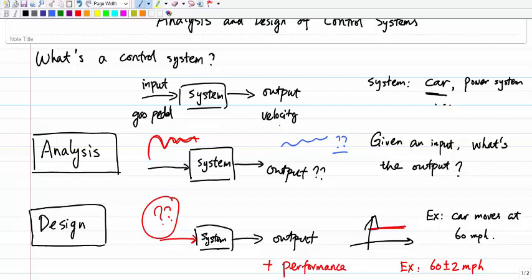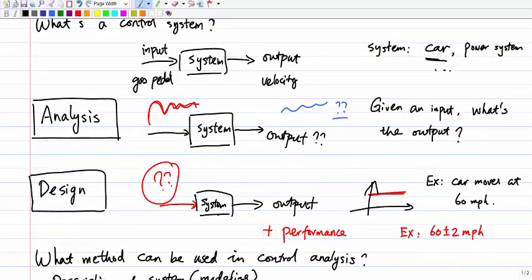So the basic question for control analysis is: if I give a control input, what is the output? We should know that. This is the first question. The second question is the control design problem, which means I want to have a certain output.